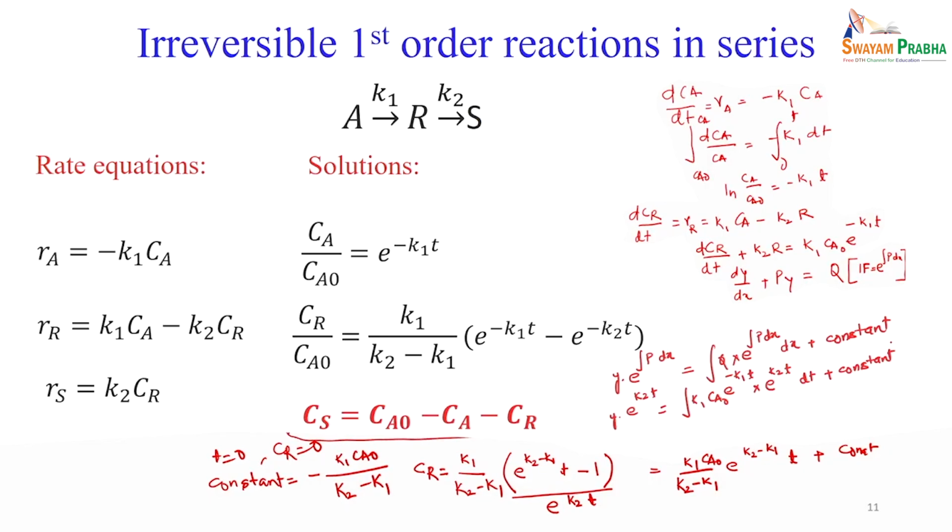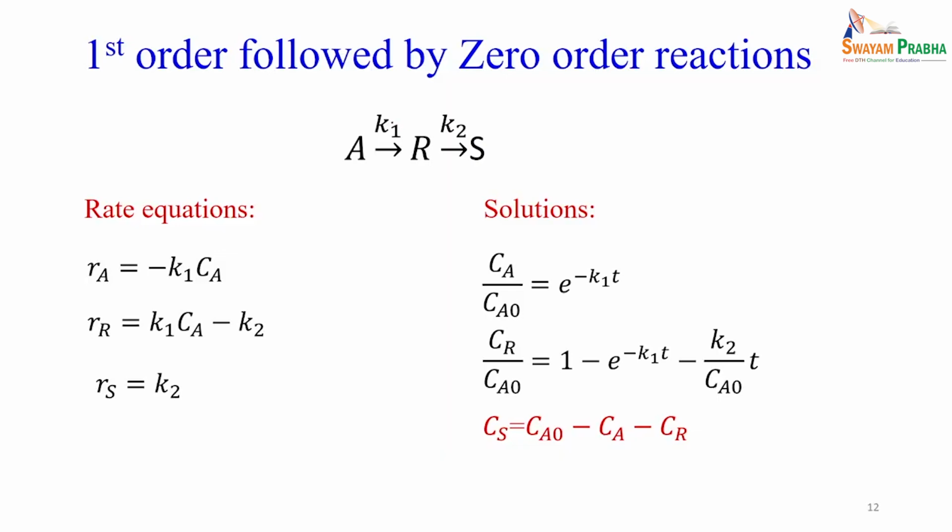So, here we have simplified that there are two steps, one is the attachment, second is the rearrangement, and for both we considered first order kinetics. Now, we can also consider the first step as first order kinetics and the second step as zero order kinetics.